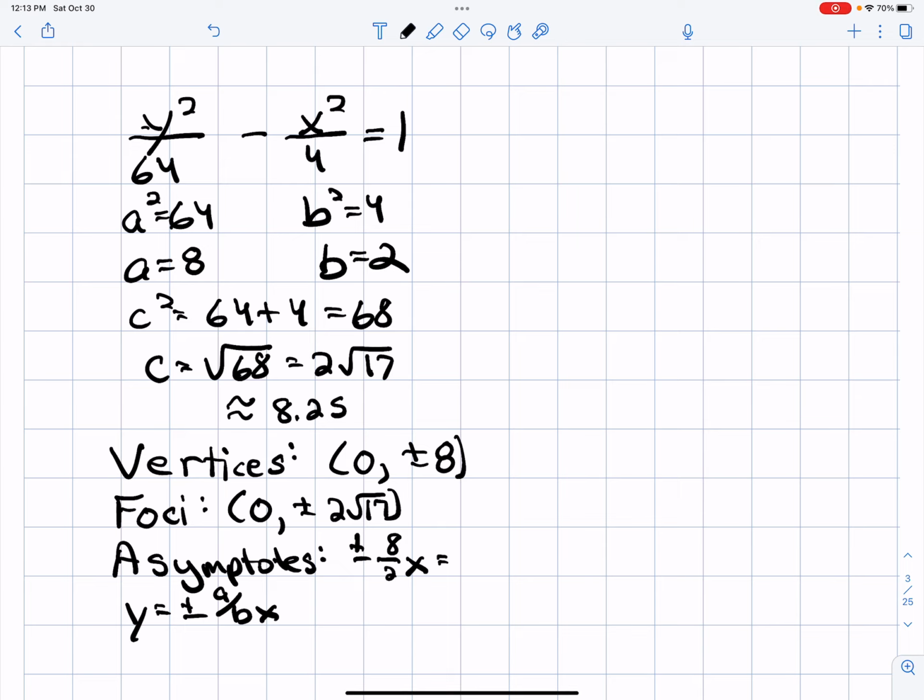So plus or minus 4x equals our y for our asymptotes. So yeah, it looks a little different. Still rise over run. Asymptotes are equations of lines, so you're still looking at rise over run. And since a now is associated with the y-axis, that's your rise. And b being associated with your x-axis, that's your run.